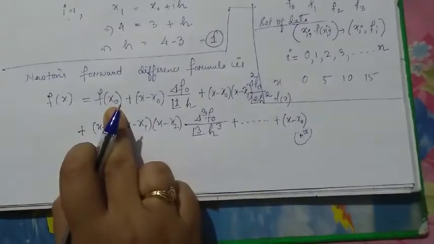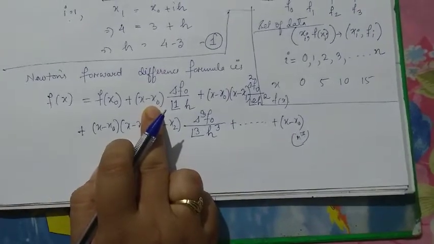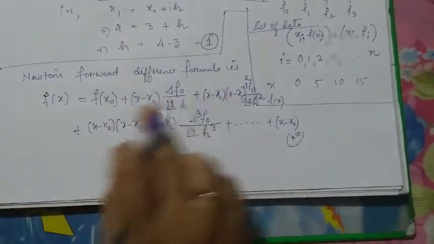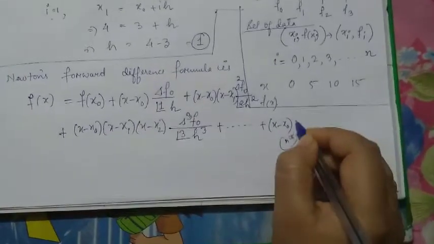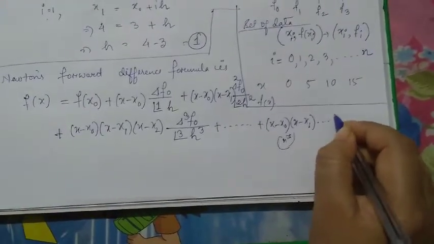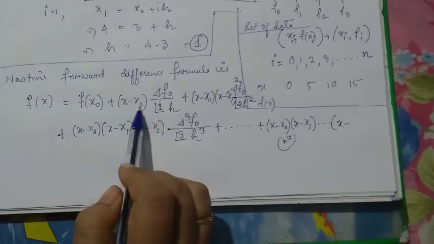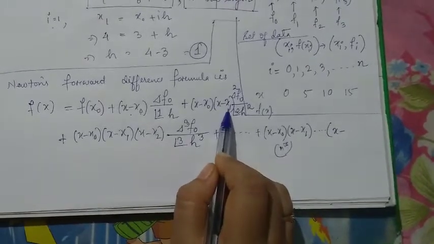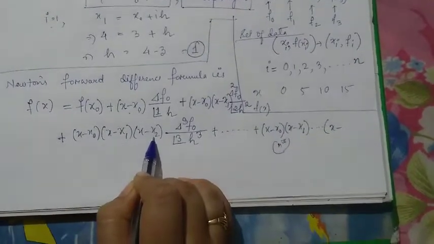The fourth term has three factors like that: x minus x0, x minus x1, x minus x2.